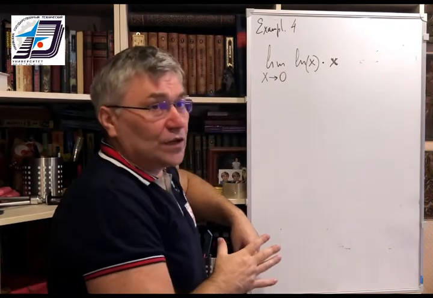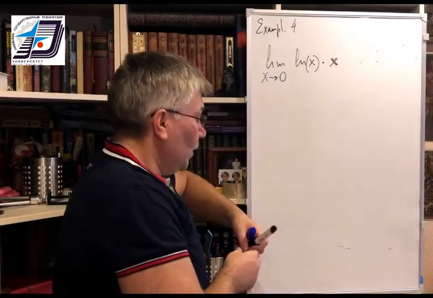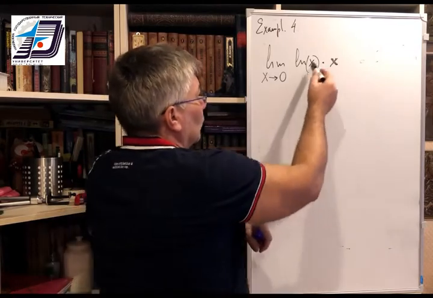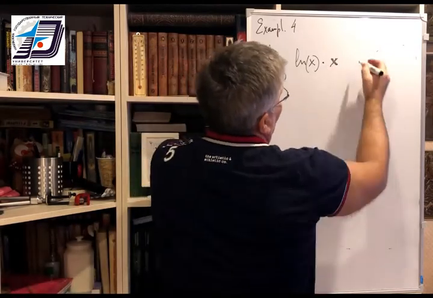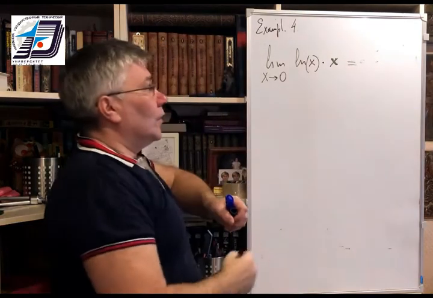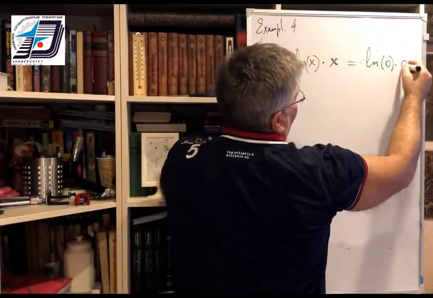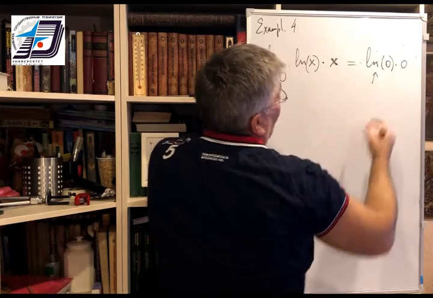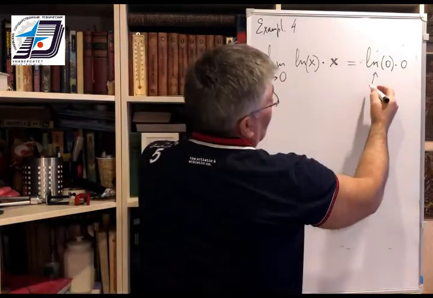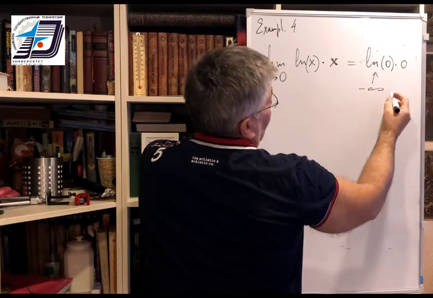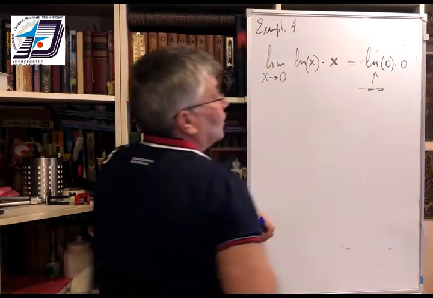Okay, very easy at first glance. But if I put x equals 0 into both of these functions, we have logarithm of 0 times 0. We know that logarithm of 0 is kind of minus infinity, and we have minus infinity times 0.